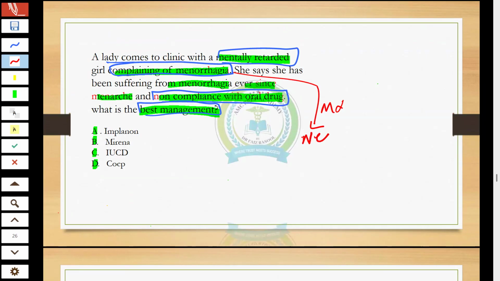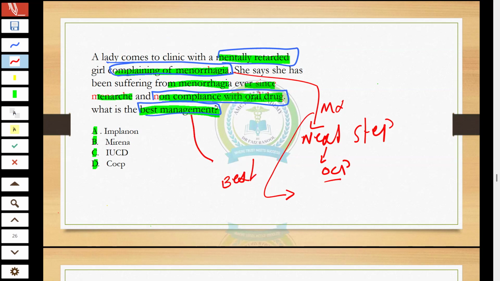If asked about the next step, next best step, initial step, these are all the same. So next step is always OCPs. But if asked about the best step, best management, like in this question, they are asking about the best management. So best management is always Marina, long-term management.